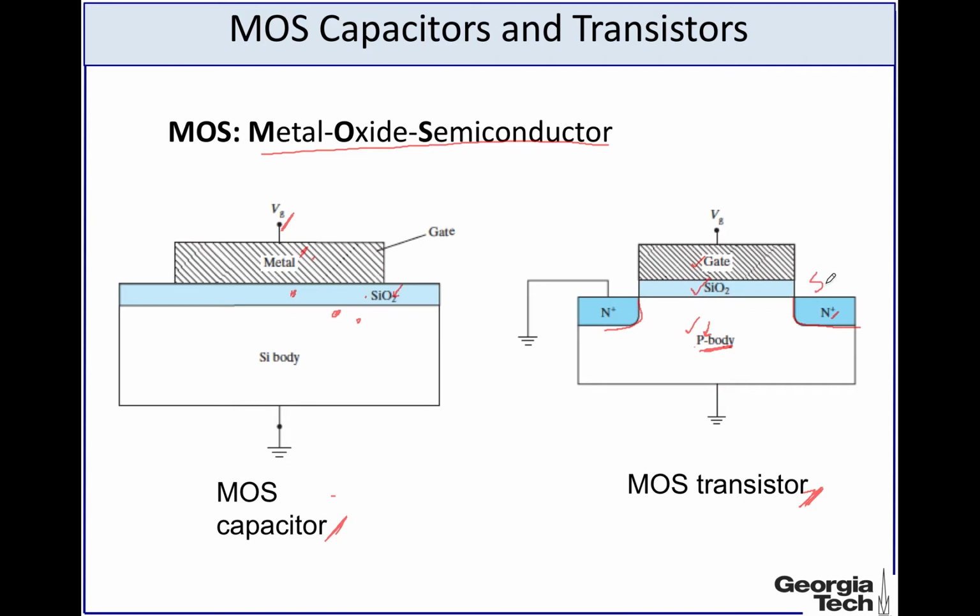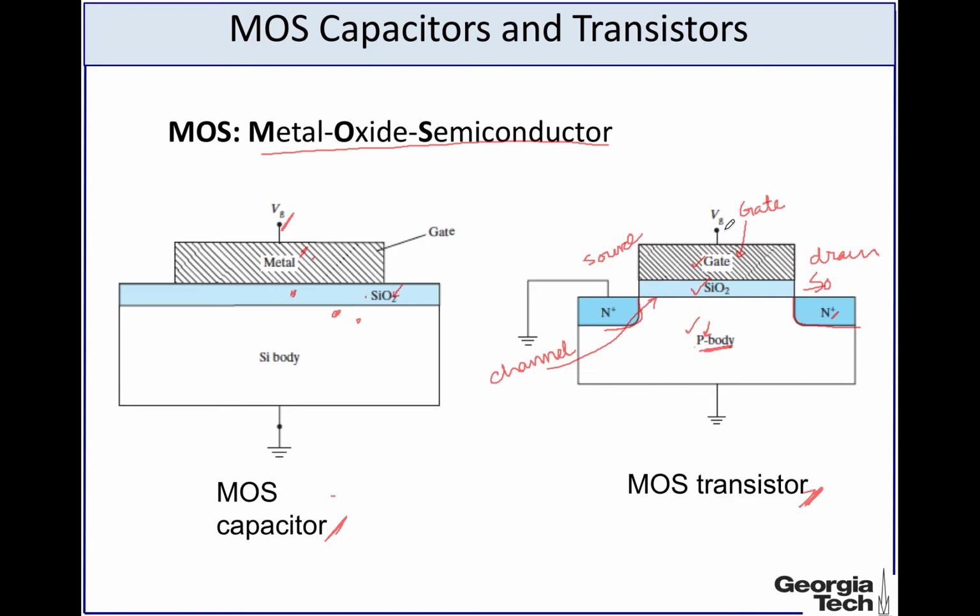So here we call it the drain, and here this terminal is called source, and here this region, the interface between silicon dioxide and the semiconductor, is the channel, and this metal is called the gate.